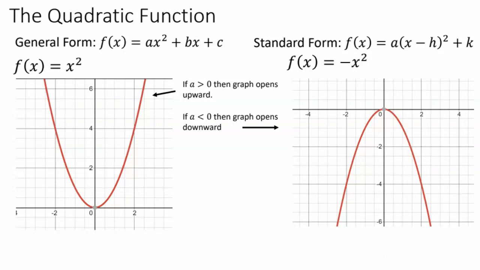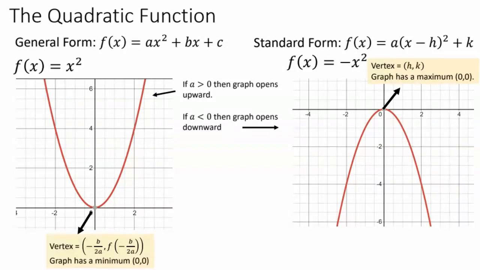All right, so again, this is a more straightforward definition. When a is greater than 0, our parabola is going to be opening upwards. When a is less than 0, our parabola will open downward, okay? Now, the vertex for both is going to be 0, 0, okay?